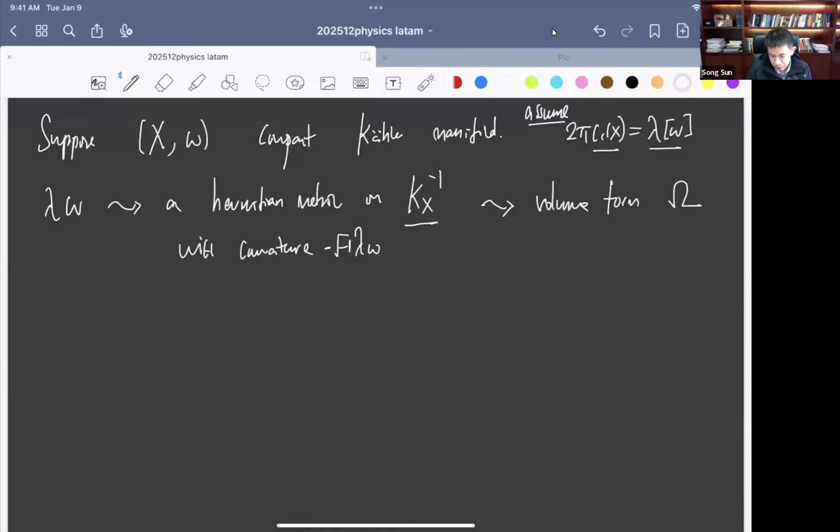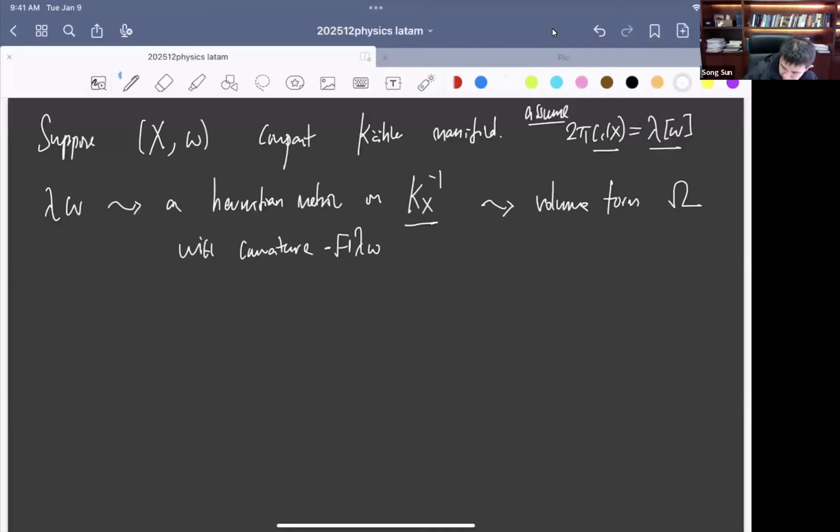Omega. So why? This is really rather simple linear algebra. At each point you have a complex line, right? You have a complex one-dimensional vector space, and you have a Hermitian metric on this one-dimensional vector space. That's just an element in the dual of this vector space tensor its conjugate.